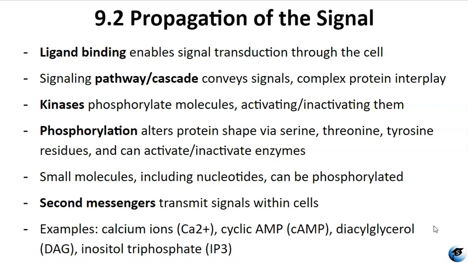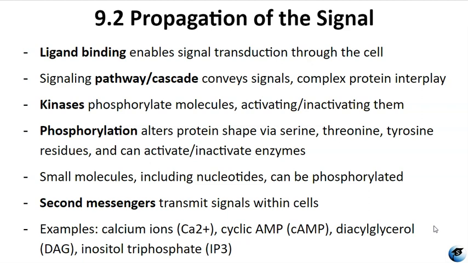So these pathways transmit signals from the cell membrane to the nucleus, regulating gene expression, protein synthesis, and other essential cellular processes. The complexity of signaling pathways arises from the interplay between proteins. Phosphorylation, catalyzed by kinases, adds phosphate groups to proteins, activating or inactivating them.